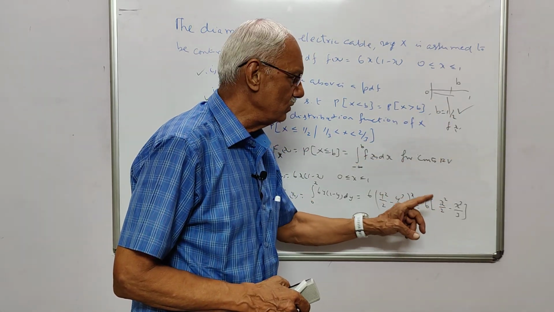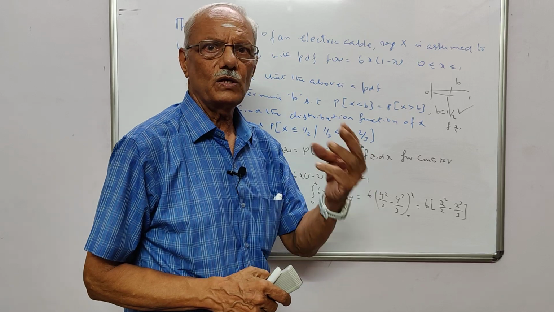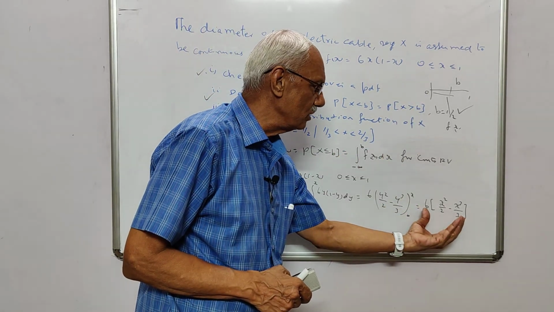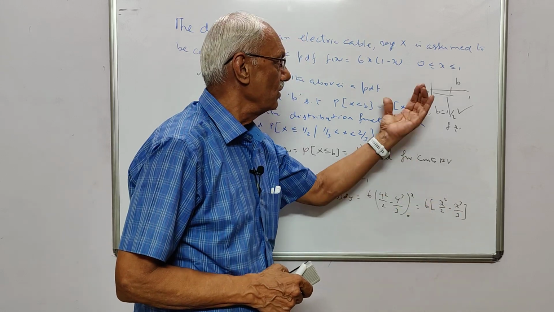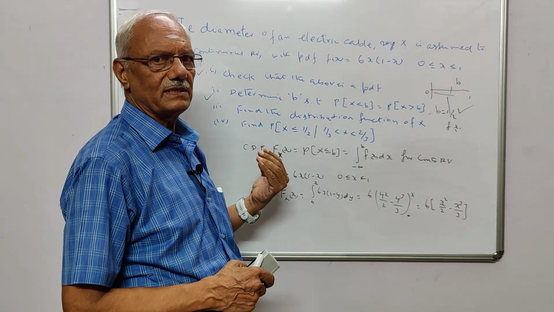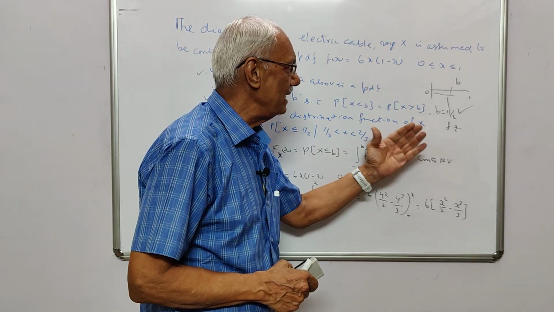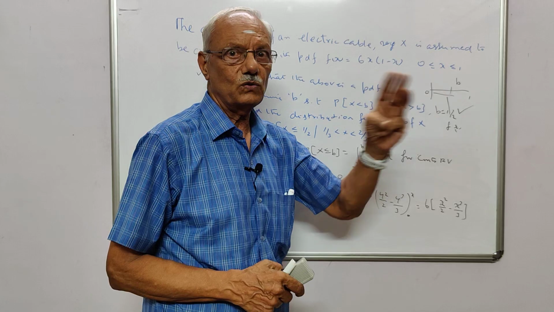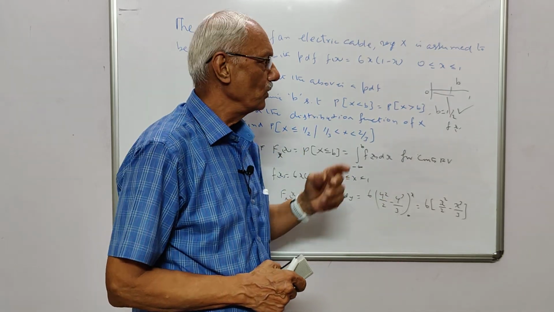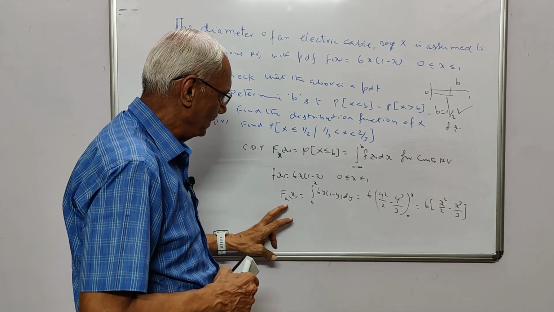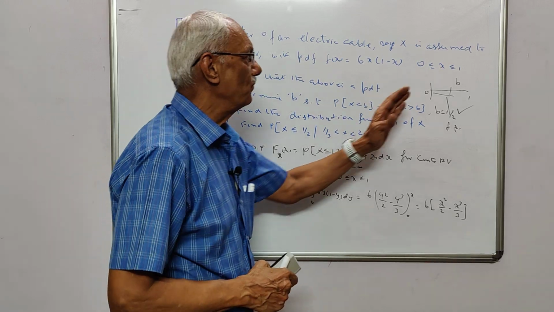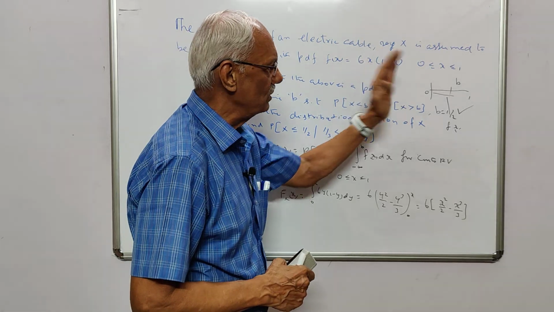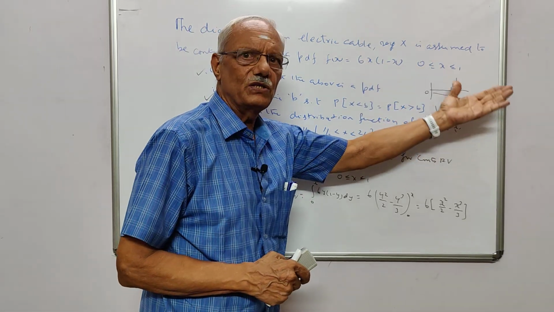So we can discuss three parts: what happens to this cumulative distribution function for values of x less than 0, for x lying between 0 and 1, and for values of x greater than 1.